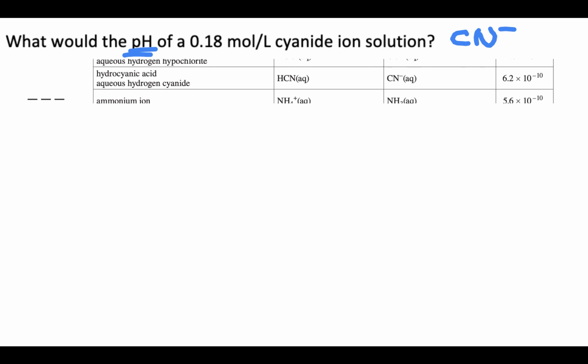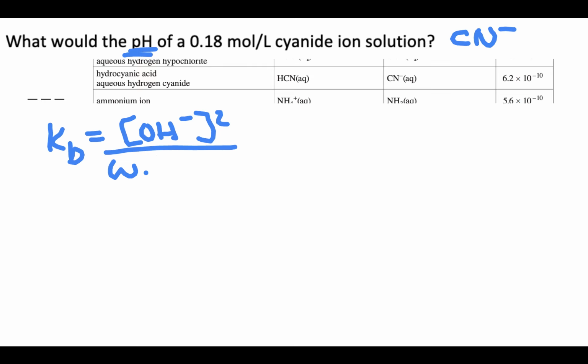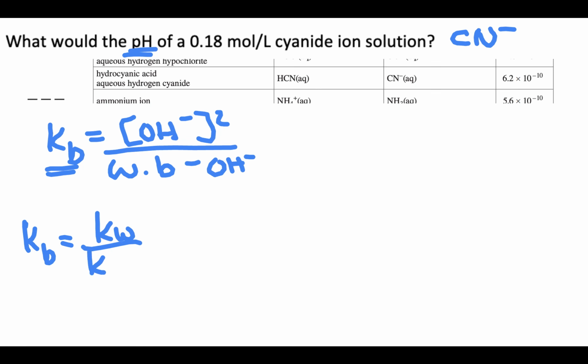So to do that, taking a look at your Kb information from what we've seen before, all we have here is the information about the weak base. What we can figure out is that we also have information of Ka. It's just one more step, and that's the connection with Kb equals your Kw divided by your Ka.